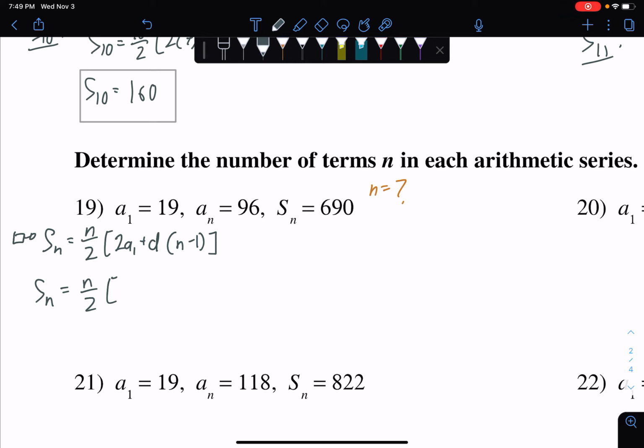Although we don't know n, we know our a sub 1, our a sub n, and our s sub n. So we place 690 there, and 2 times a sub 1, 2 times 19, plus, we don't know what our common difference is.